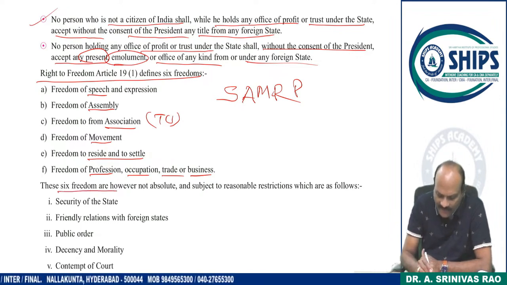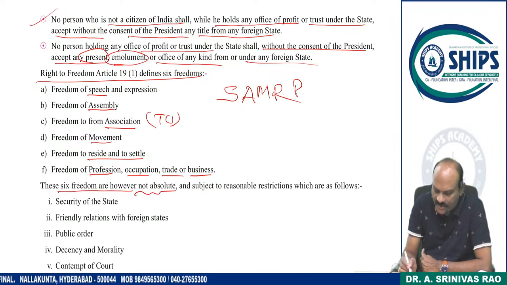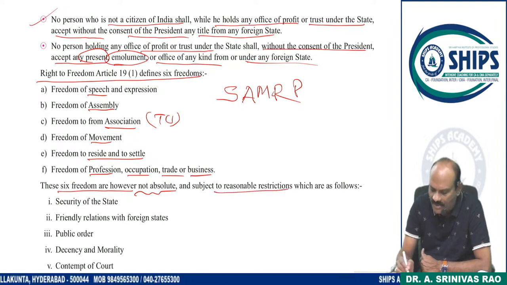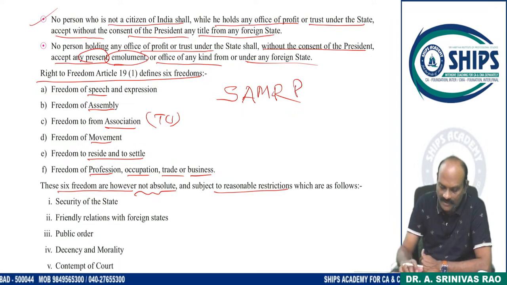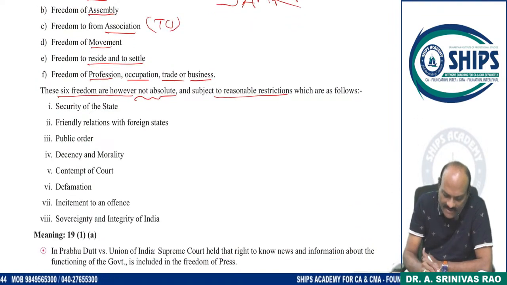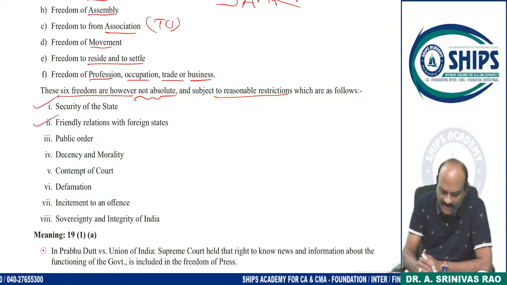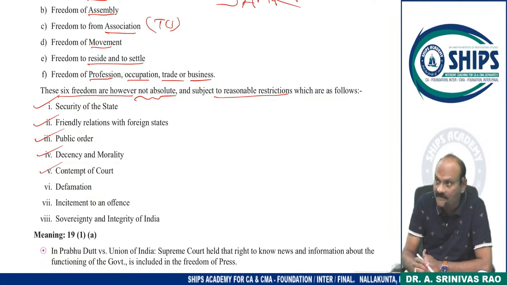And these six freedoms are, however, not absolute; they are subject to reasonable restrictions. Apart from the above, the following restrictions are also there: security of the state, friendly relations with foreign states, public order, decency and morality, contempt of court. It means you have to follow the court order; you should not act against the court.